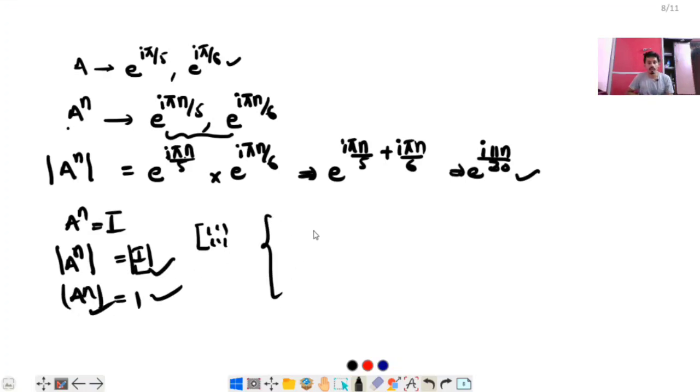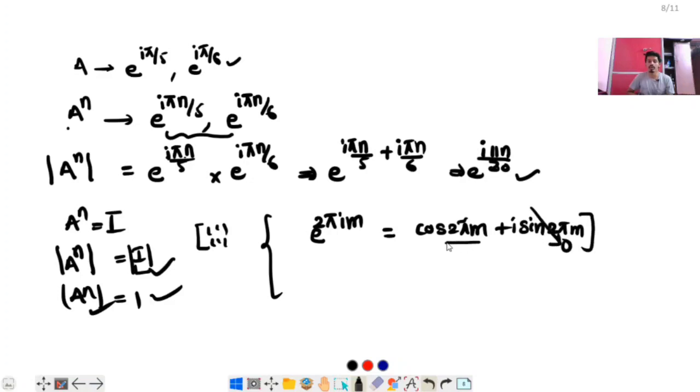Now e power 2 pi iota m is equal to cos 2 pi m plus iota sine 2 pi m. Sine of any multiple of pi is 0, but cosine of an even multiple of pi has value 1, which means e power 2 pi iota m is equal to 1. Now 1 is replaced by this value.